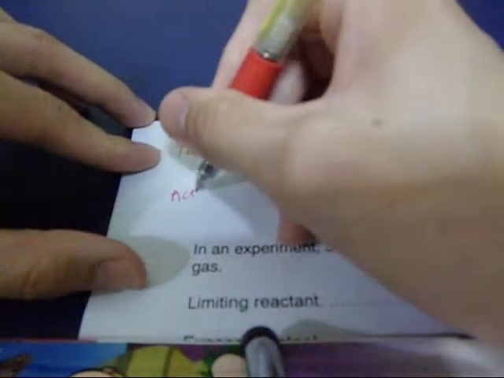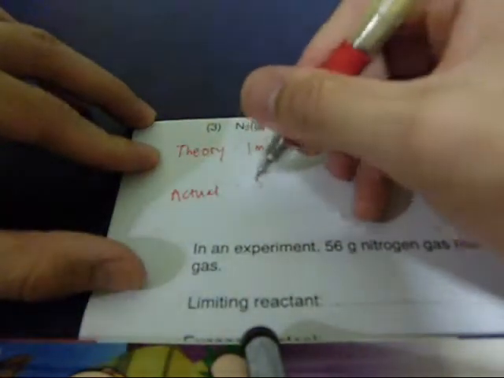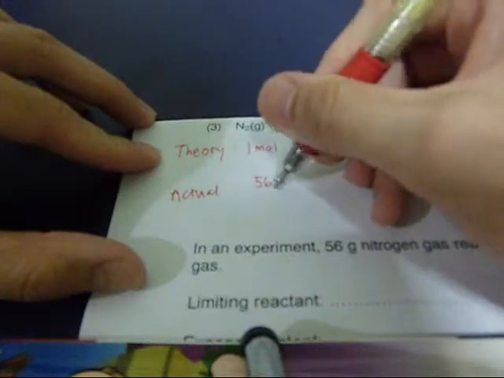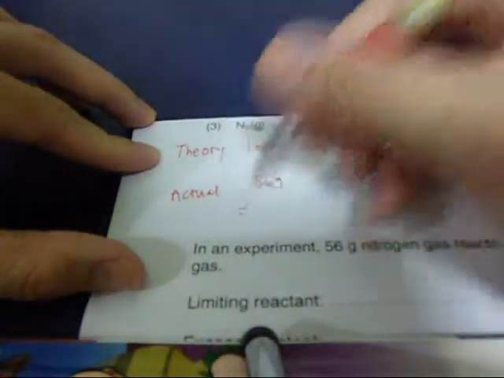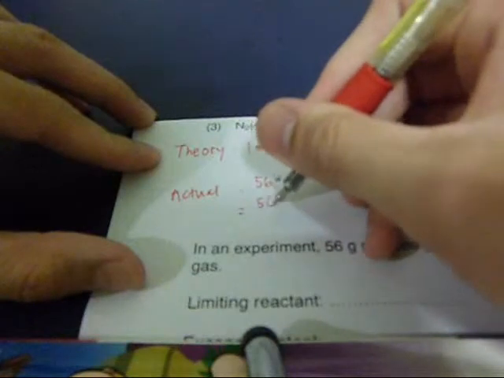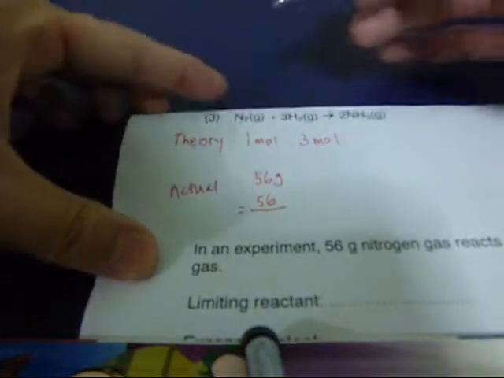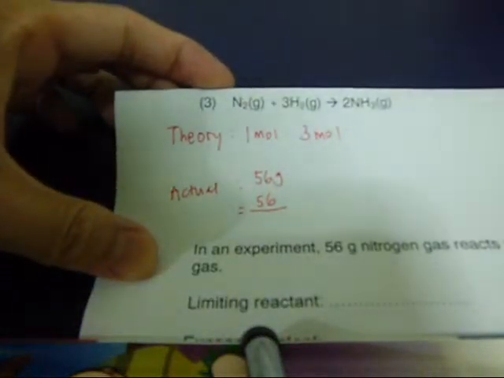In actual case, you have 56 gram of nitrogen. Now 56 gram of nitrogen is how many mole? So it must be the mass divided by the MR. Mass, which is 56, divided by the MR for nitrogen. What is the MR for nitrogen? Nitrogen is N2.